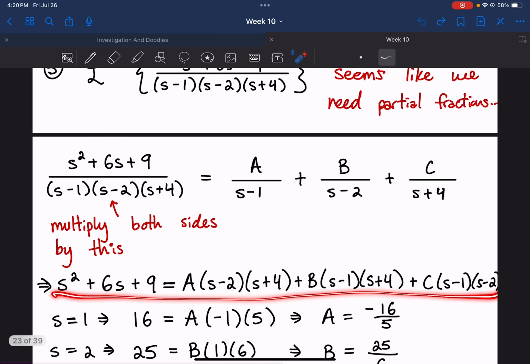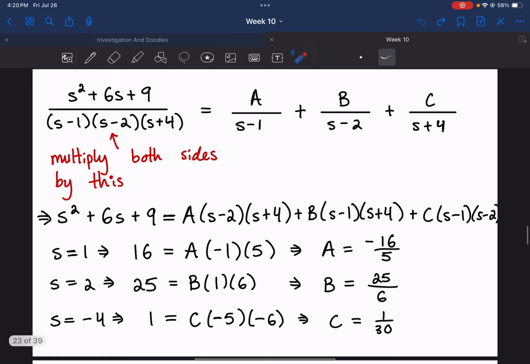And that's what happens in the next step. And then you just pick convenient numbers, right? And what that means is you pick a number that's going to make a bunch of these terms go to 0, right? So s equals 1 is a good number to pick. Because if you pick s equals 1, then this term goes to 0 and this term goes to 0. So we get 1 plus 6 plus 9 is 16.